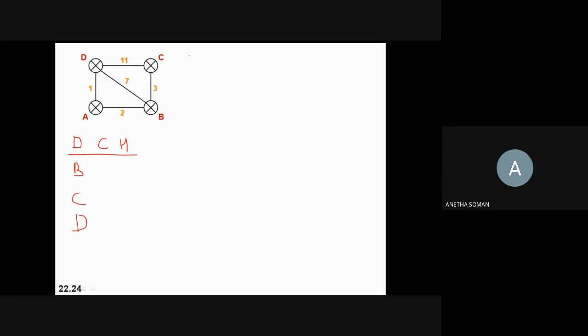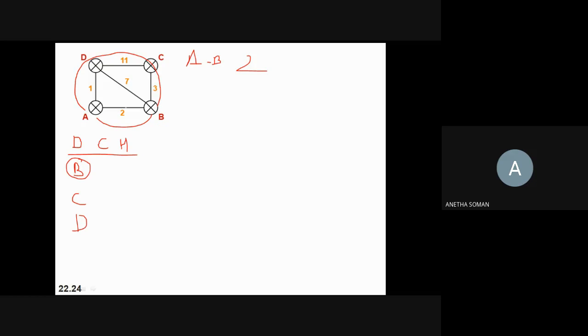Now I am at A, I want to reach B. What are the possibilities? I can reach B directly. B is my destination now. A can reach B with a distance of 2. A to B, the distance will be equal to 2. Now what is the other possibility? I can go from A, C, and B, right?